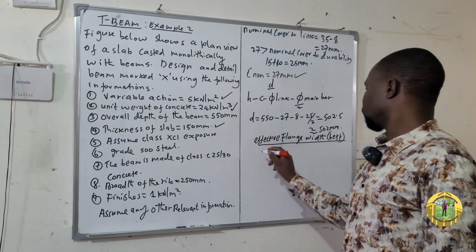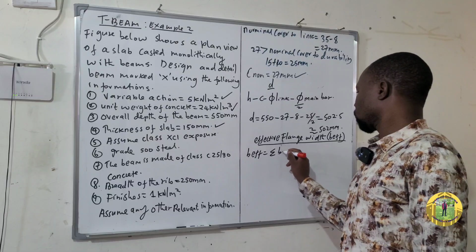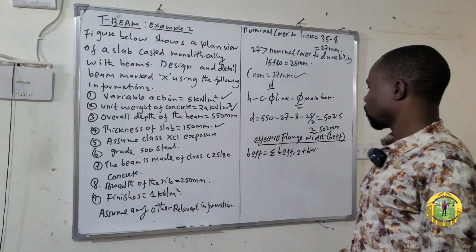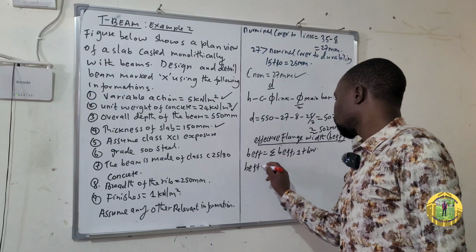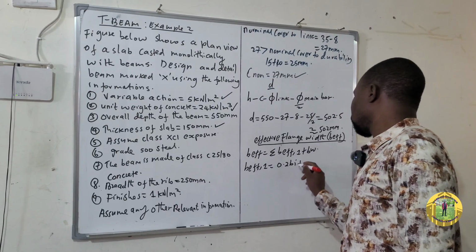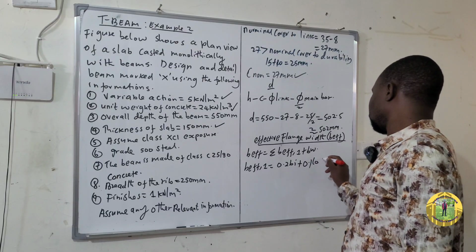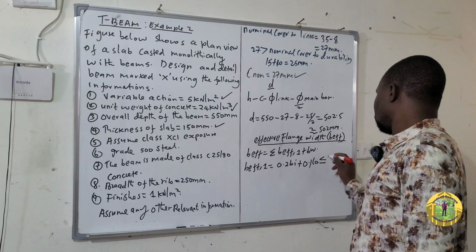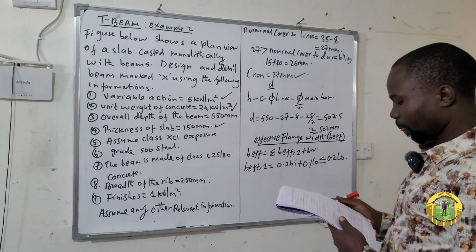So the formula for this is the sum of B effective 1 plus B effective 2 plus BW, whereby B effective 1 is equal to 0.2 B1 plus 0.1 L0, and it must be less or equal to 0.2 L0, like that.